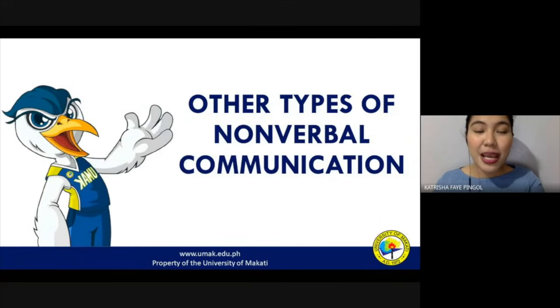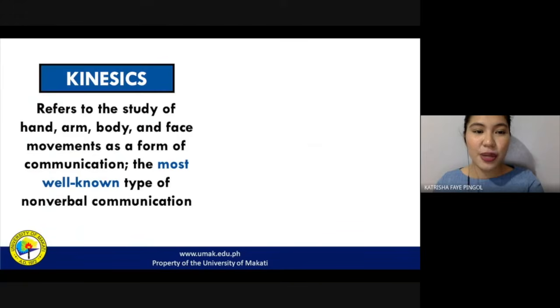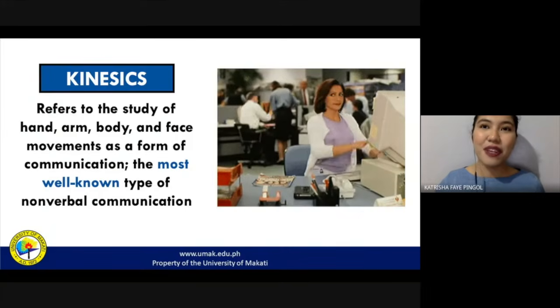Here are some other types of nonverbal communication. The first one is what we refer to as kinesics. It's simply the study of how your hand, your arm, your body, your face moves as a form of communication. And kinesics is actually considered to be the most well-known type of nonverbal communication. Take this one for example.